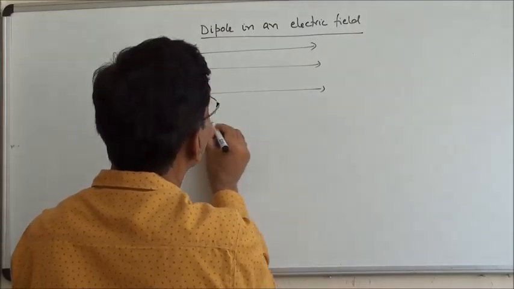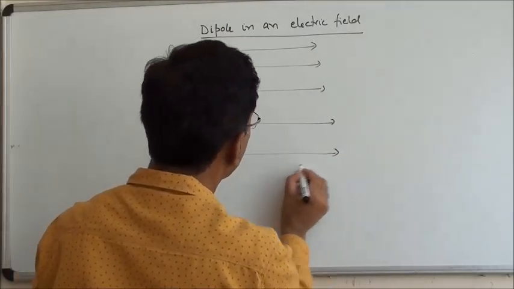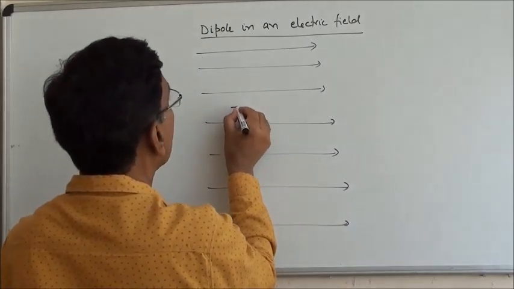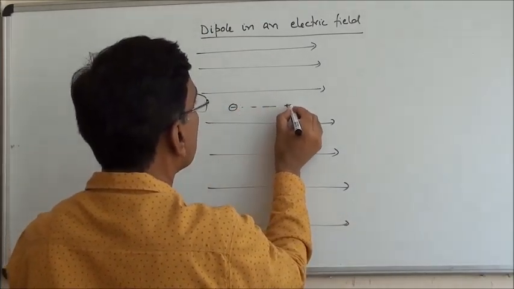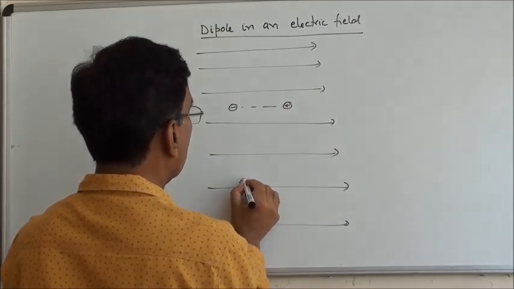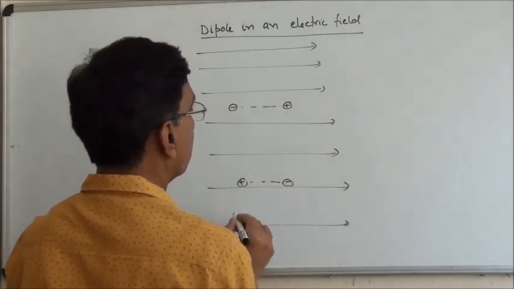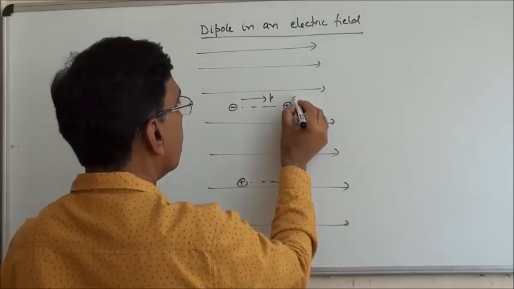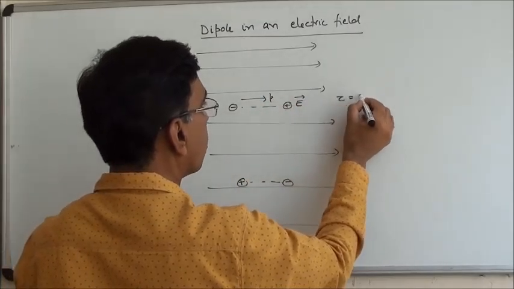Uniform field. Once the dipole is like this, and in another case I am keeping it like this. So in this case P is this, E is this, torque is 0.